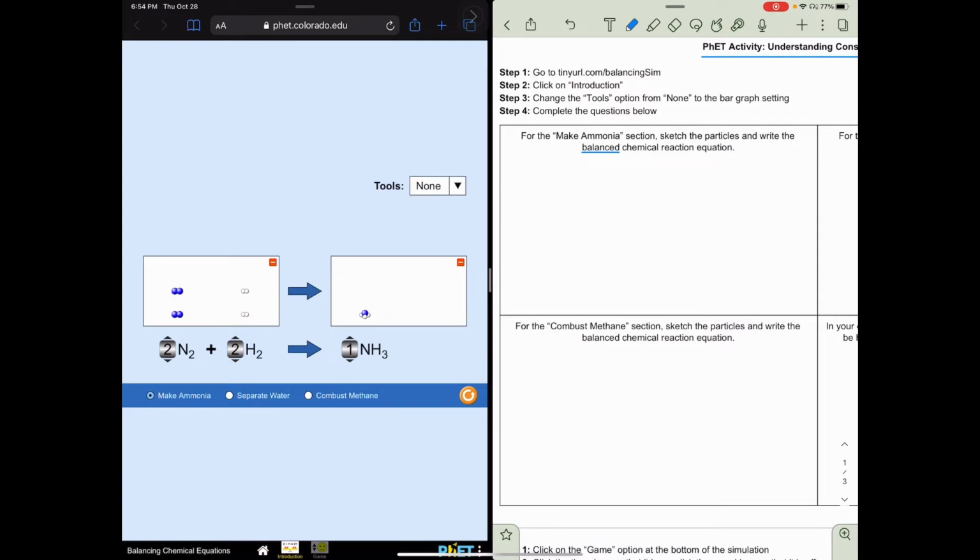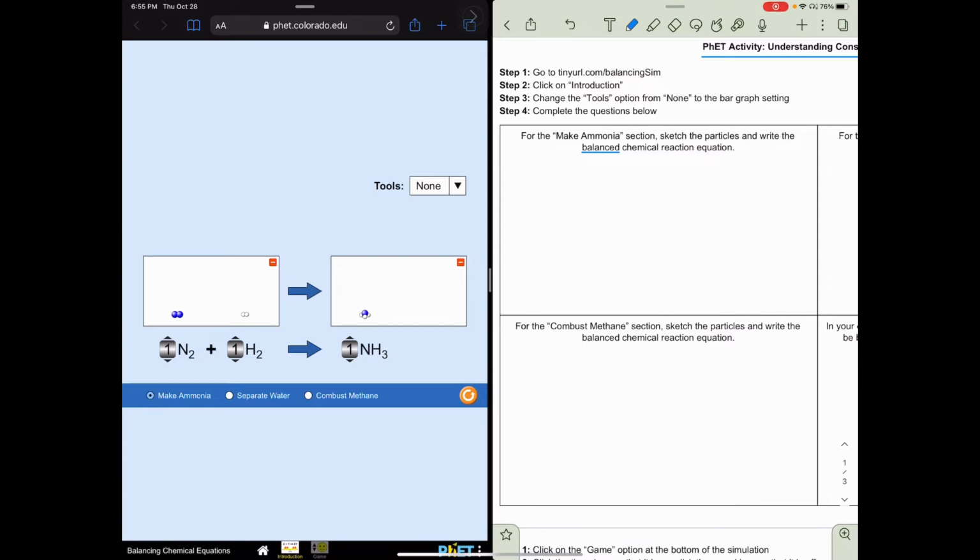molecule. Then on the left side, we have dinitrogen or nitrogen gas, which has the two nitrogen atoms in the one molecule, and then we have an H2 gas, which is just 2 hydrogens bonded together. And what this whole process represents is the rearrangement of the atoms in this reaction.